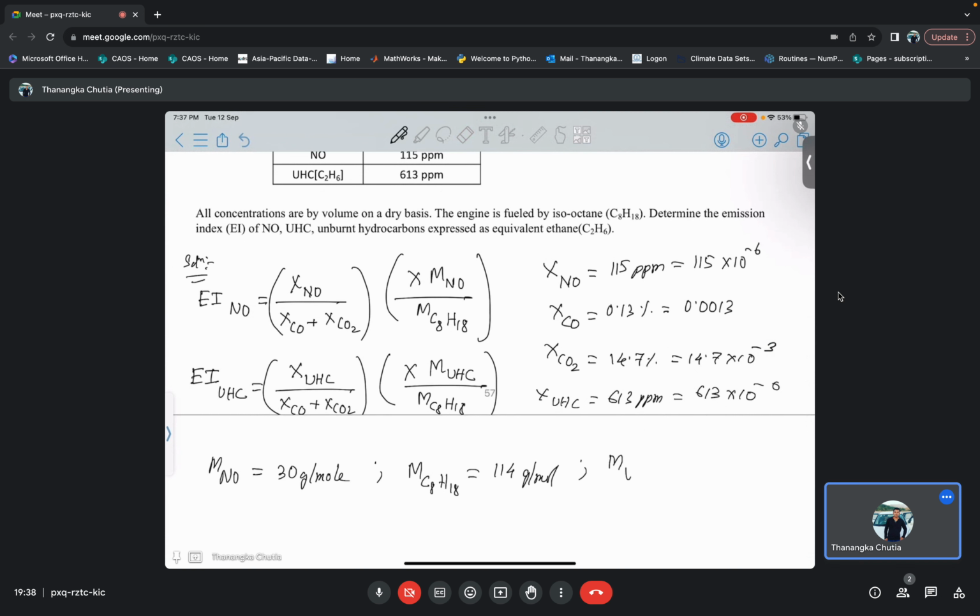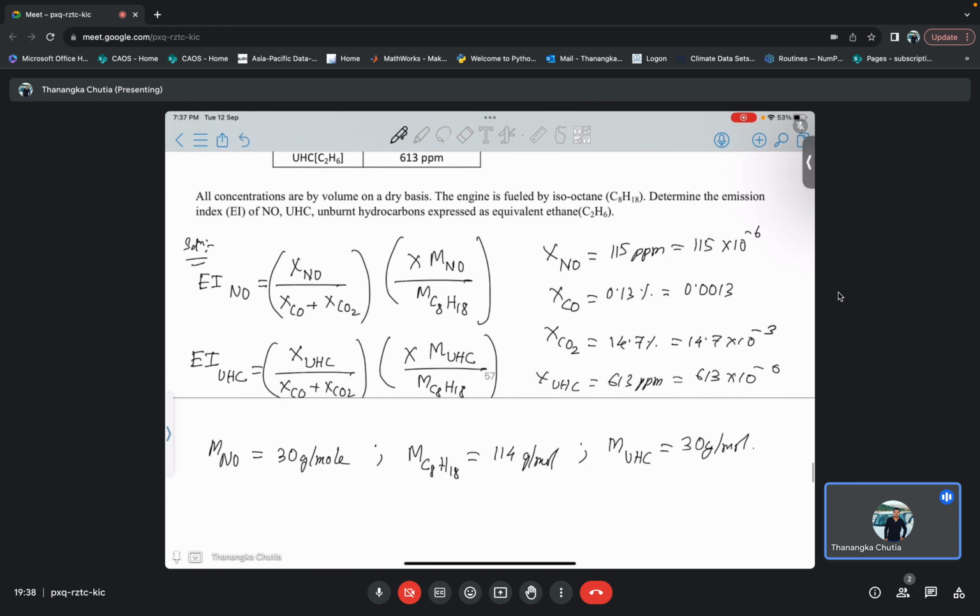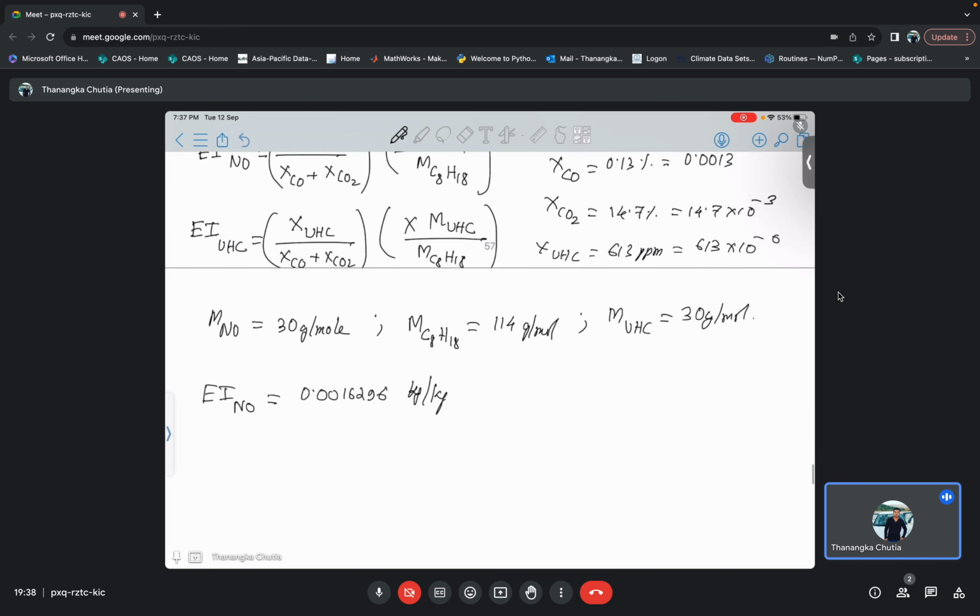Okay, unburned hydrocarbon is equal to 30 gram per mole. Now if you put all these values, you will get emission index for NO will be equal to 0.0016296 kg per kg. Okay, and emission index for unburned hydrocarbons, you'll get this one as 0.008686 kg per kg.